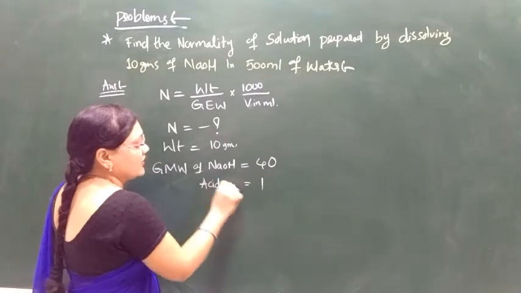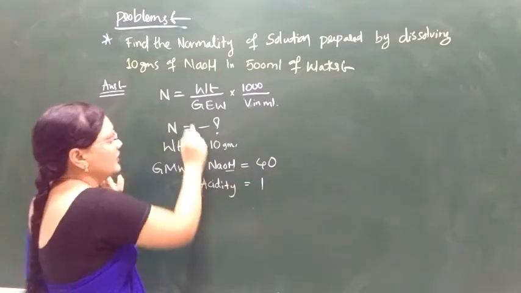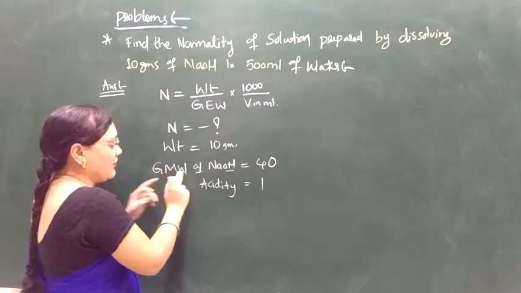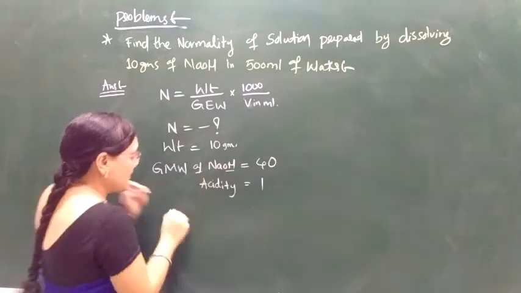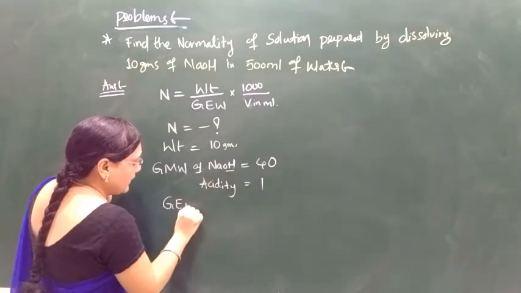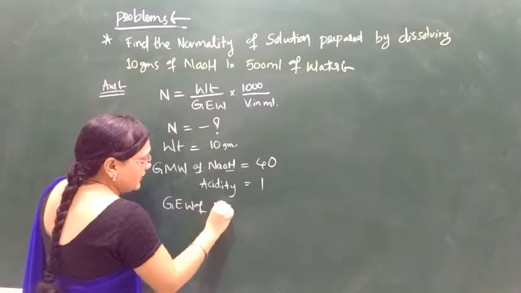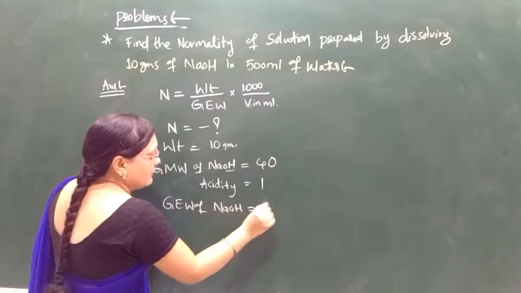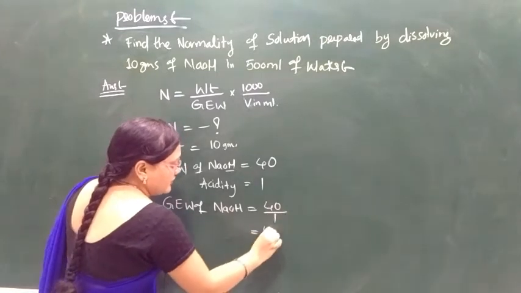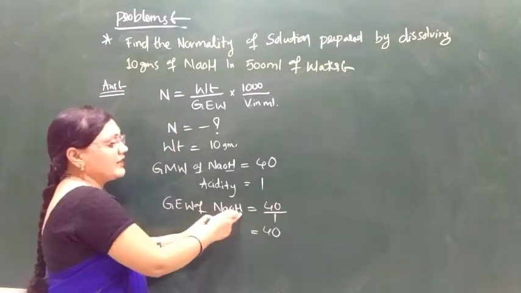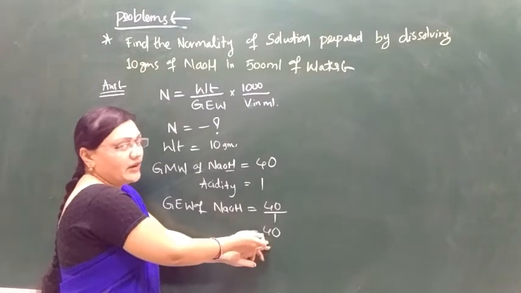Only one hydroxyl ion, the OH group is only one. So gram molecular weight of NaOH is 40 and acidity is 1, and gram equivalent weight of NaOH equal to molecular weight by acidity, 40 by 1. Gram equivalent weight of NaOH is also 40.